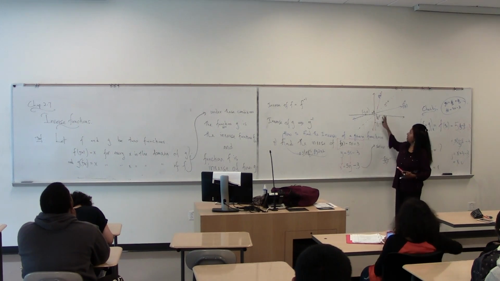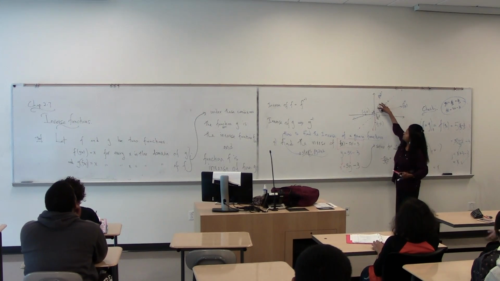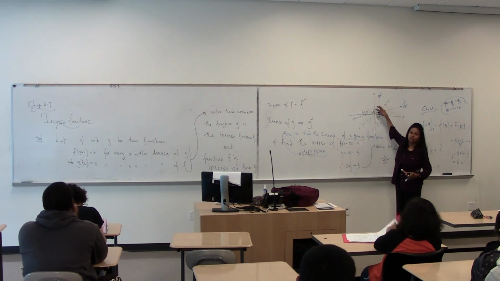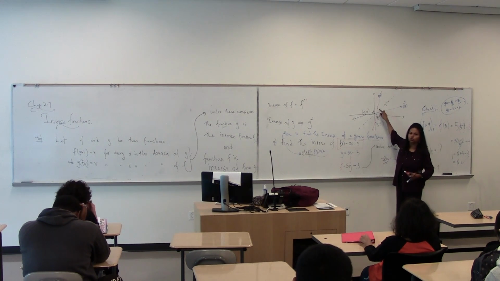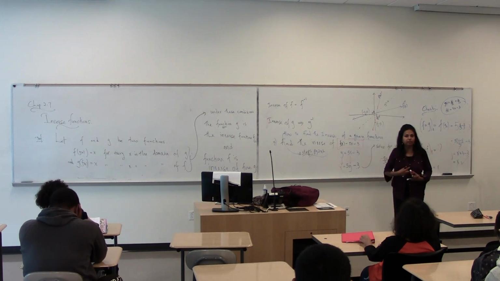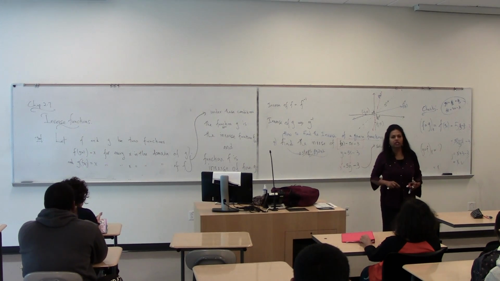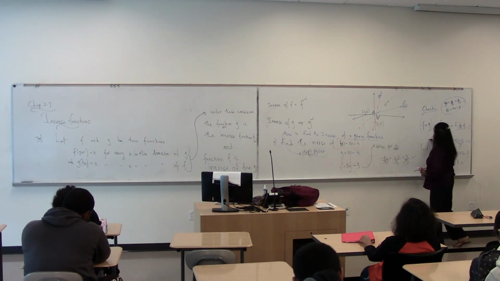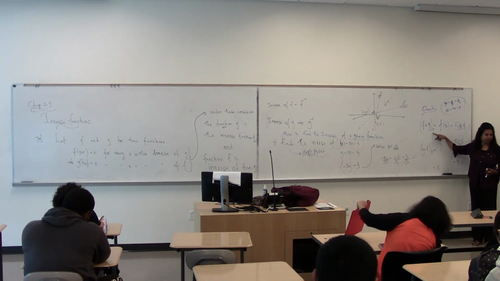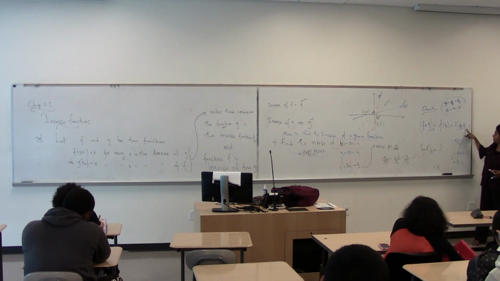So when these two functions are mirror images of each other with respect to the y is equal to x line, that means those two functions are inverses of each other.